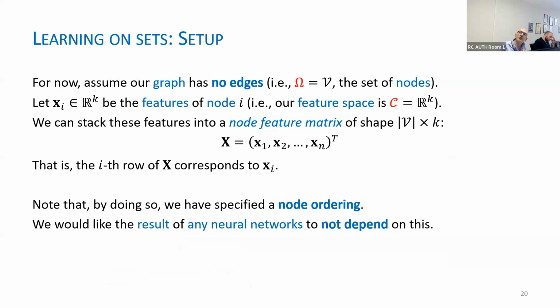Here, trying to introduce some more formalism, you see that we can regard this set of points as a graph without edges. So here we have a set of nodes, and for each node, we can assume that we have a feature vector that in the simplest case can represent the x, y, z coordinates of the point in the 3D space. But for example, we can also have the RGB value, or the normal of the point, or any other feature that we like.